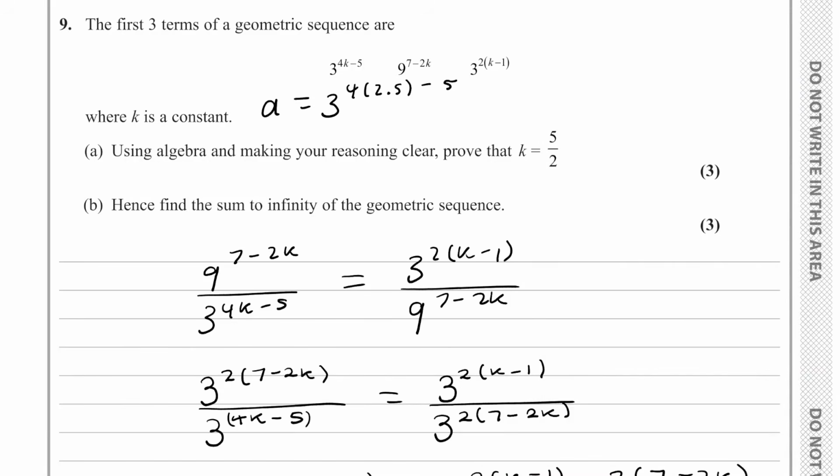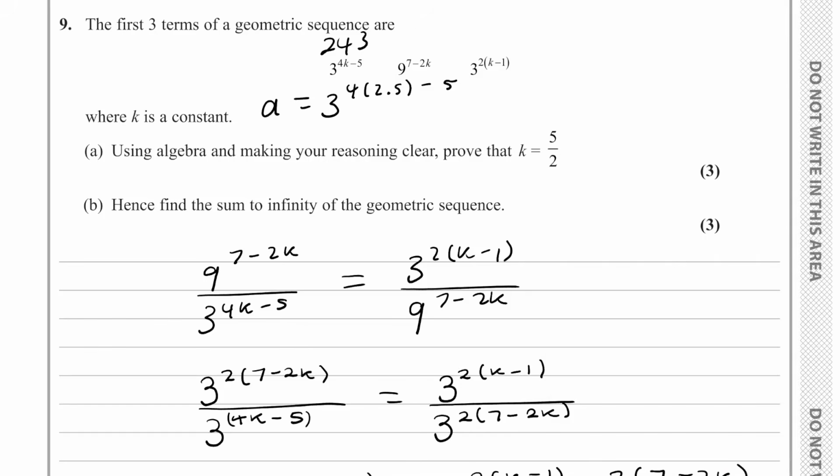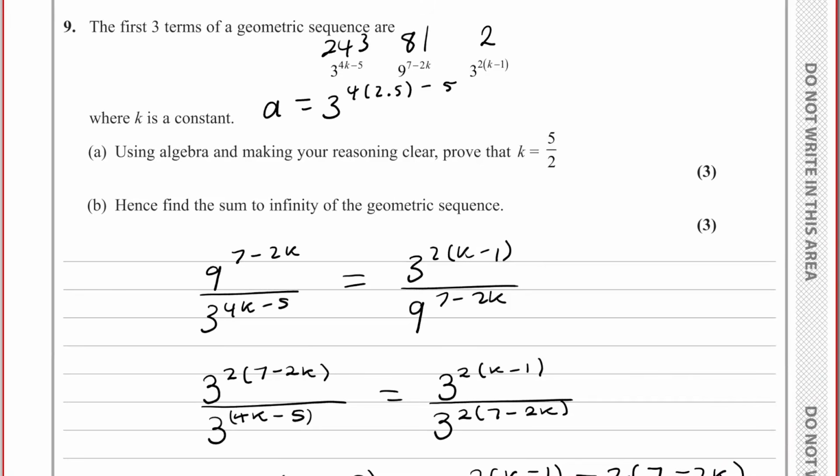It's 243. Let's just work out the second term. So 9 to the power of 7 minus 2 times 2.5 is 81. And we may as well do the third term. 3 to the power of 2 times 2.5 minus 1, 27.